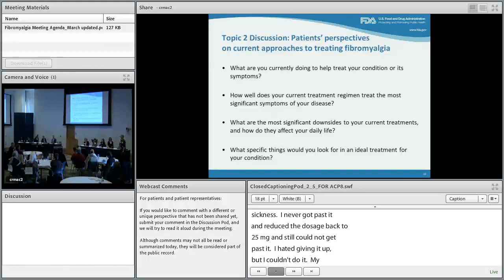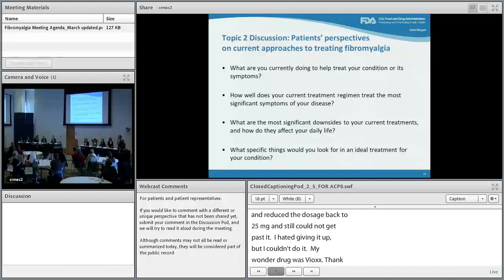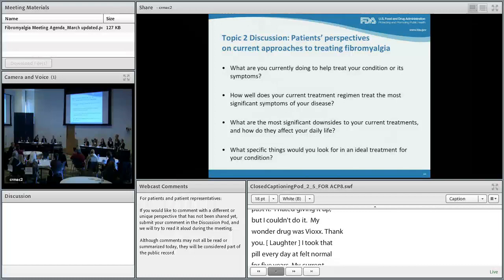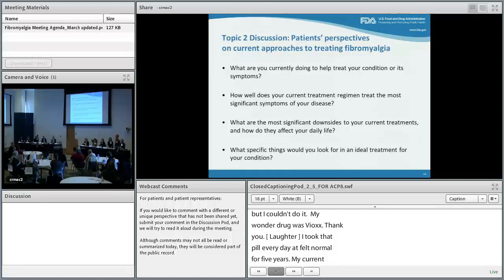My wonder drug was Vioxx. I took that one little pill every day and I felt normal for 5 years. But my current treatment regimen is, my primary fibromyalgia drug is Neurontin.